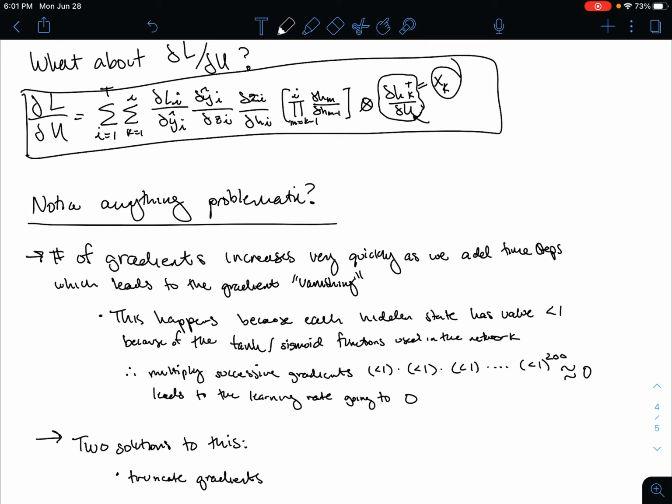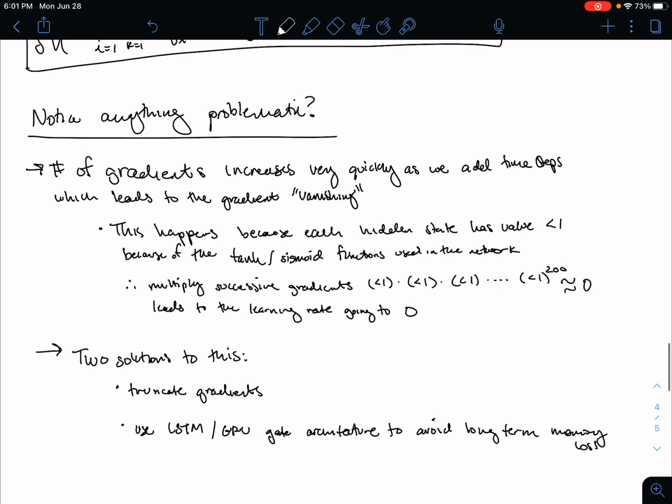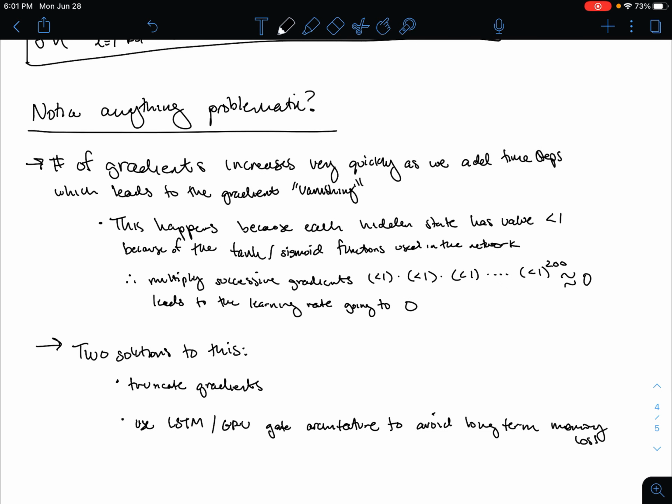That's because the gradients at the beginning become so small that the model can't really learn from them. There are actually two solutions to this. The first solution, truncating gradients, prevents the vanishing gradient problem, but it doesn't help much with the long-term context recollection problem, where the model doesn't remember patterns or data from the very beginning of the sequence.